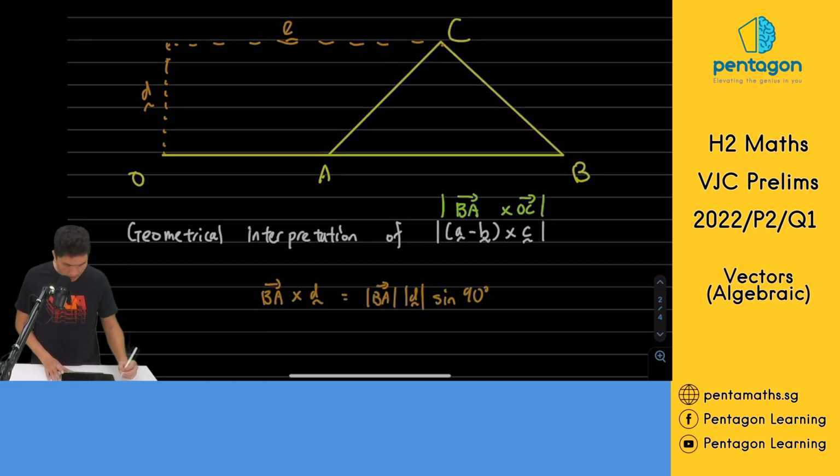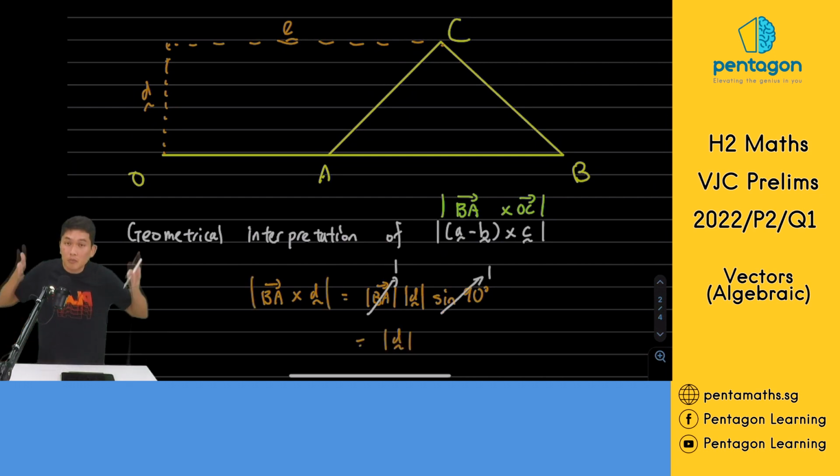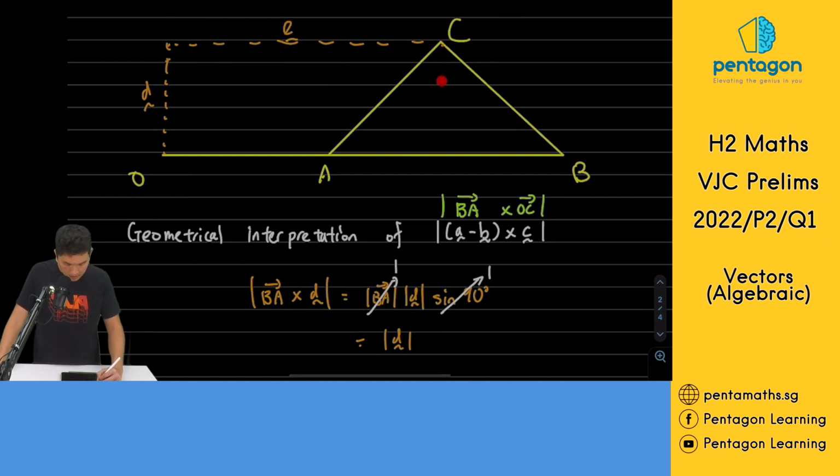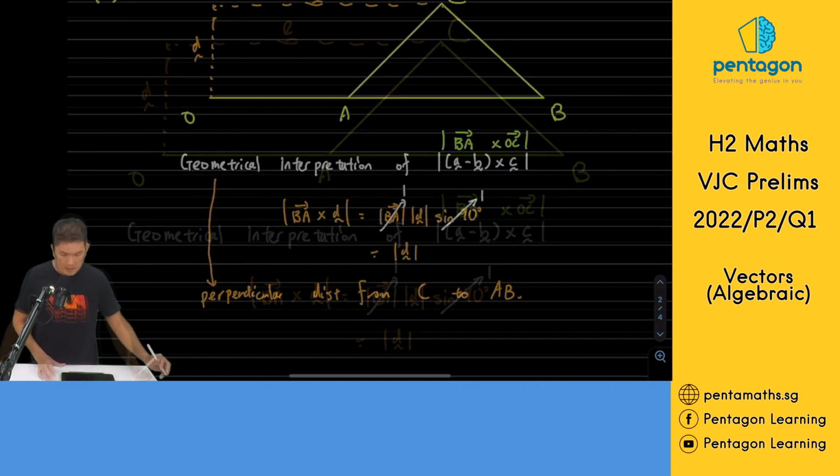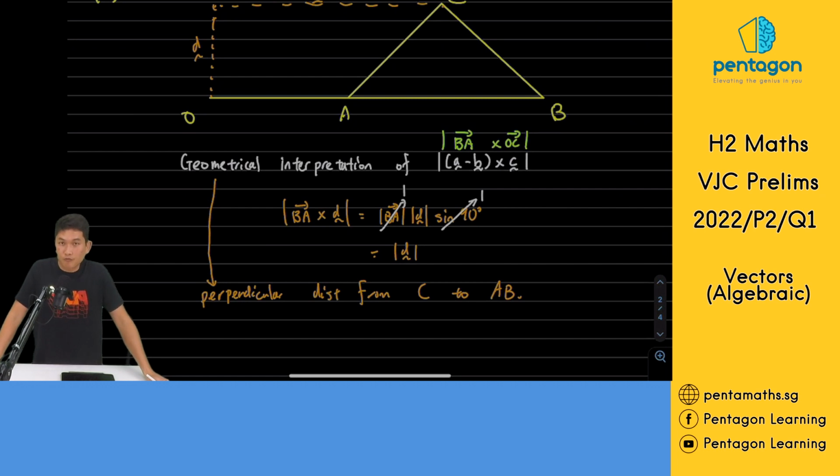That's nice because we're given in the question that AB or BA is a unit vector, so the modulus is 1, and sine 90 is also 1. The modulus of BA cross D is the modulus of D. And what is the modulus of D? Well, it is the perpendicular distance from C to AB. That is the answer for part 2.